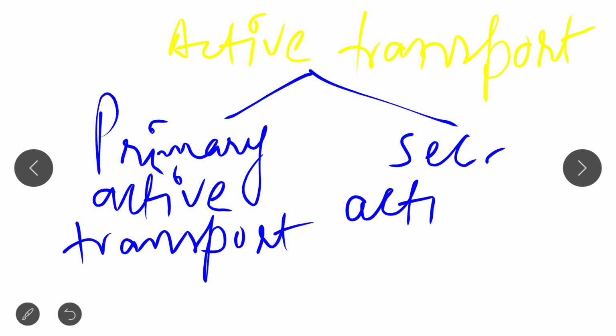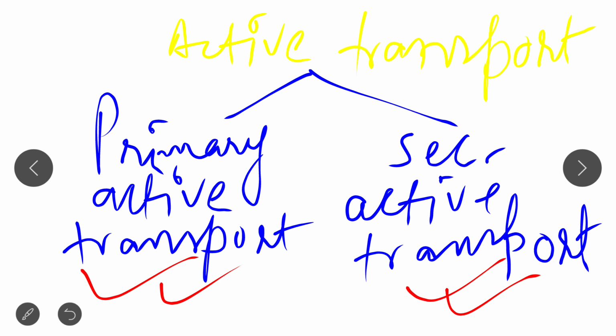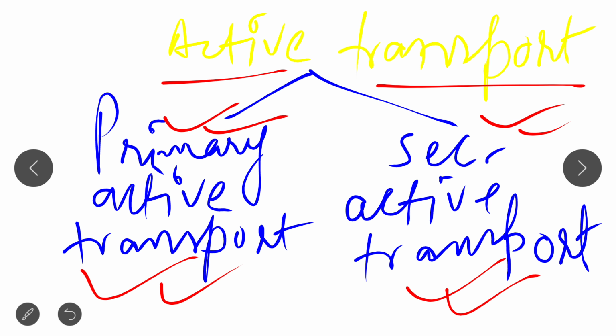In case of passive transport, we already saw that it is divided into two types: simple diffusion and facilitated diffusion. But in case of active transport, it is primary active transport and secondary active transport. And our main topic of discussion is these two types of transport.